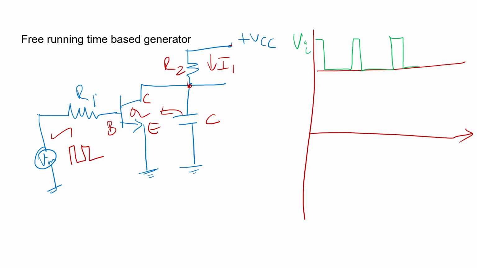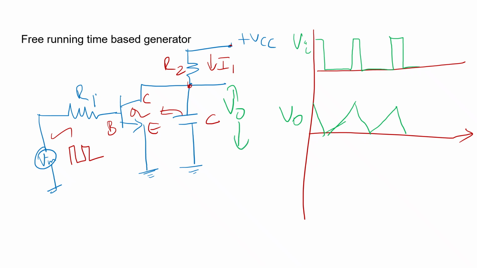Then it charges until it receives a positive pulse again. As soon as it receives the pulse, we get a waveform like this. So this is the output realized across the capacitor.